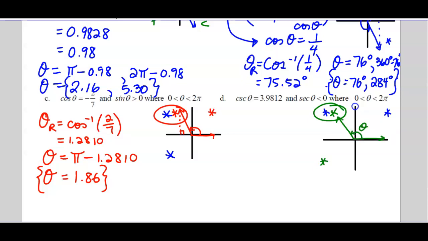All right, so again, you don't have a cosecant button, so this will be the same as sine theta equals 1 over 3.9812. You can do that in your calculator.